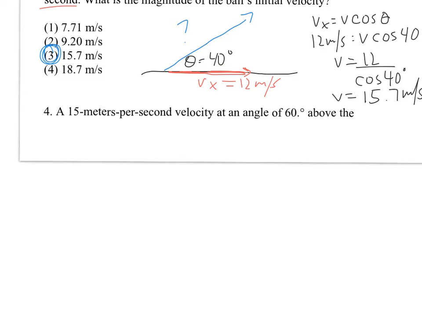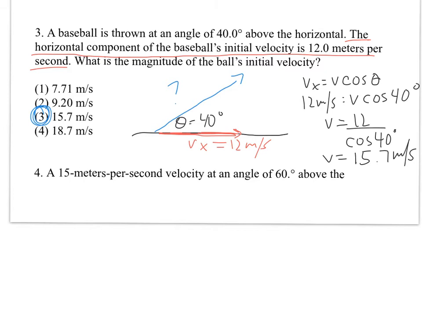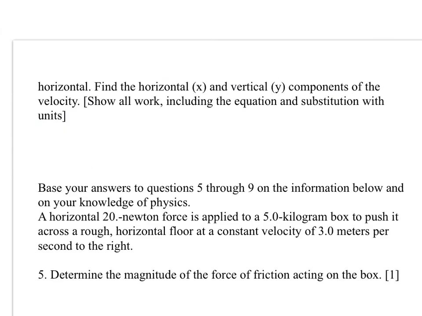Okay, a 15 meters per second velocity at an angle of 60 degrees above the horizontal. Find the horizontal x and the vertical y components of the velocity. So here we're finding the vertical and horizontal components of the 15 meter per second vector.